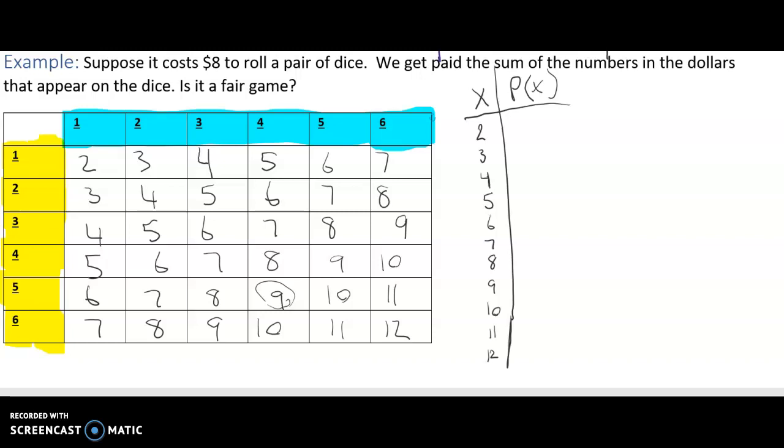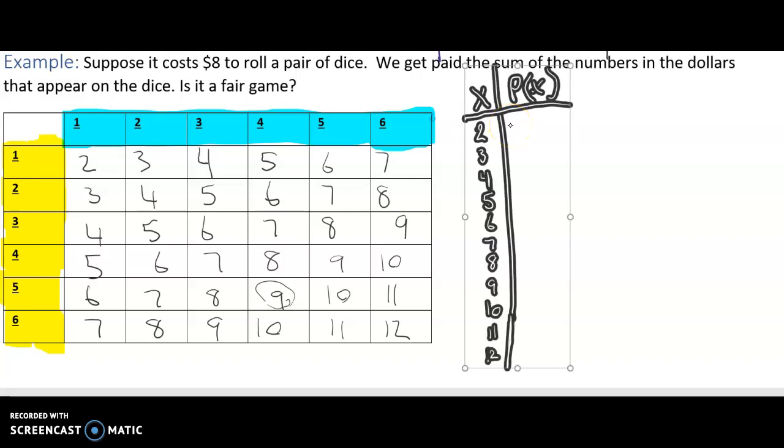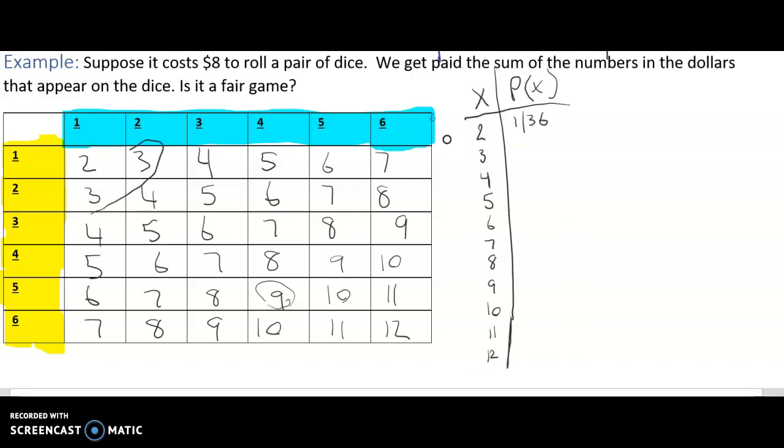Now, 2 only occurs once out of the 36 numbers we have listed in boxes. There are 36 different combinations when you roll the 2 dice. So the probability of rolling a sum of 2 would be 1 out of 36. 3 occurs twice. So the probability of rolling a sum of 3 would be 2 out of 36.